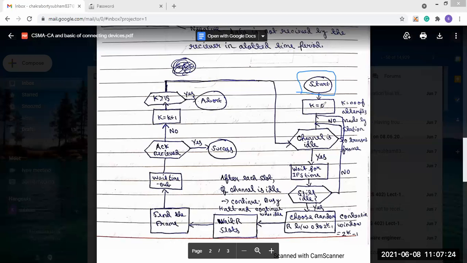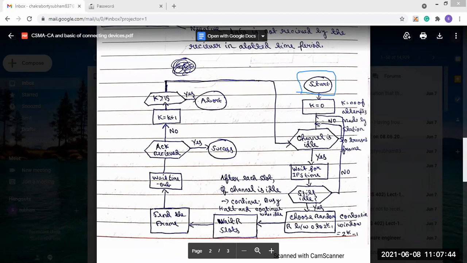At first, it is the first transmission, so k equal to 0. That means the first time it is happening, the number of attempts is 0, because we are transmitting the frame for the first time. So that's why k is set to 0.